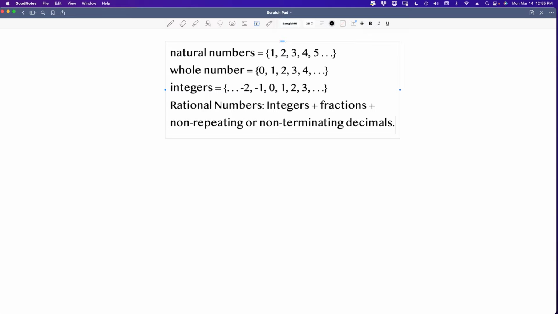So if the fraction repeats or it terminates, then that decimal is included, right?